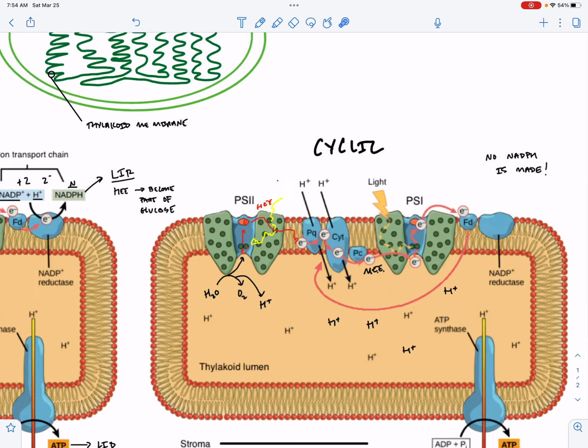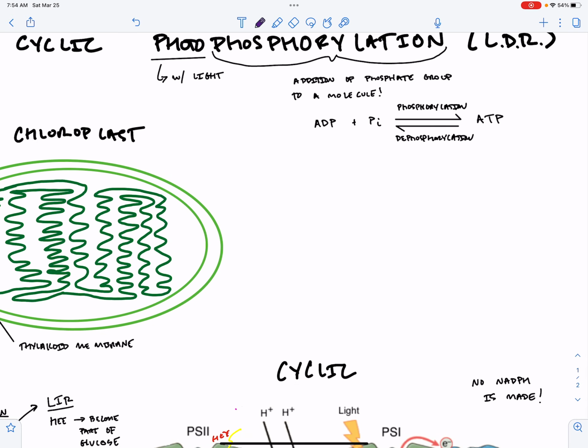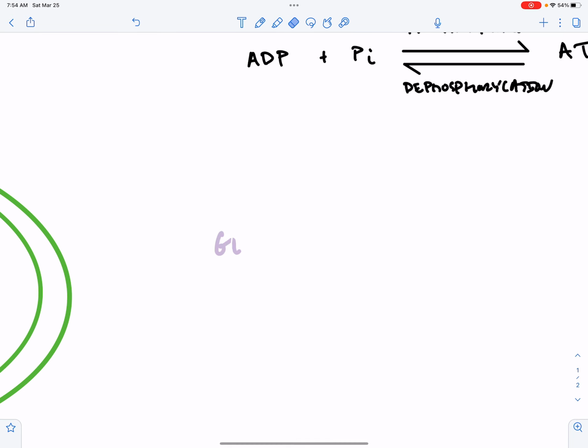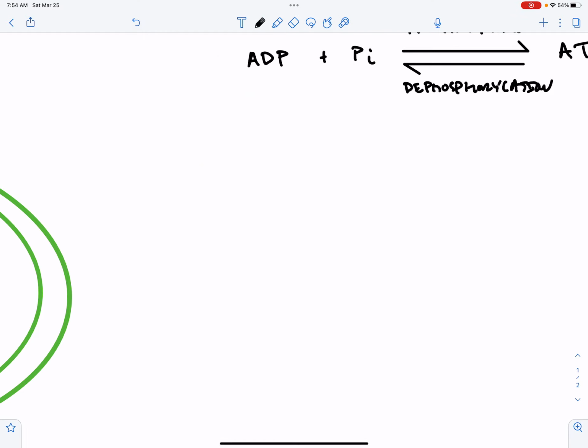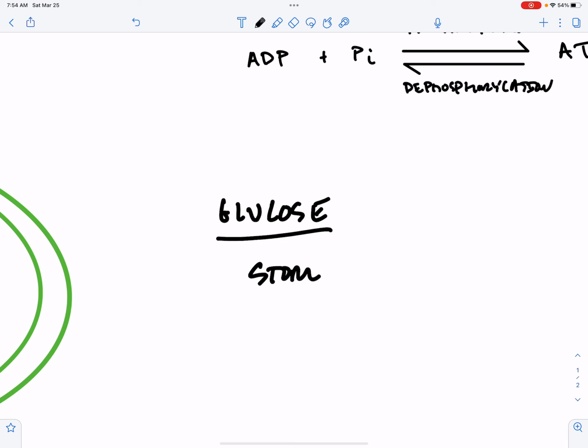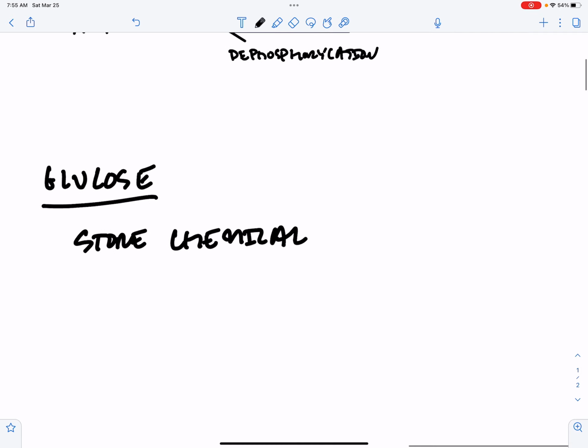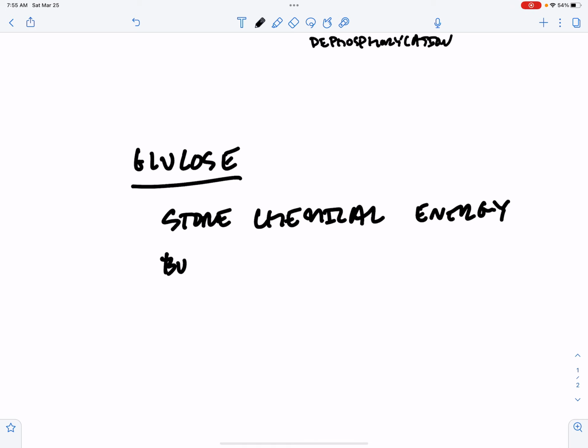Because remember, the function of glucose, this needs to be black. The function of glucose is both to store chemical energy and build the body of a plant.